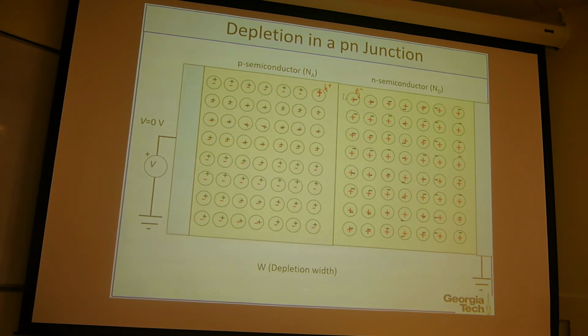They are close to each other. They will recombine. Basically, they will disappear, vanish. Because the hole is a vacancy of electron. If you have an electron there, that vacancy is gone. So then they will recombine.